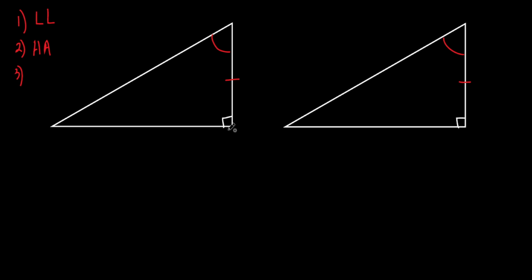Angle, side, angle. Yeah, so these triangles could be congruent to each other. But let's have a little shorter way of saying it. I've got an angle and I've got a leg. Well, we don't put the angle first. We always put the side first. So what would we call this? Leg angle. All right, and we shorten it just by putting LA for leg angle. And that's our third one, leg angle.